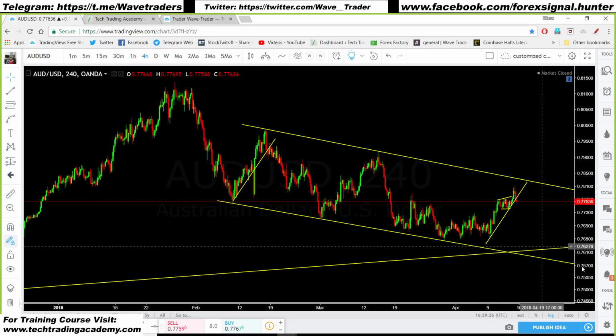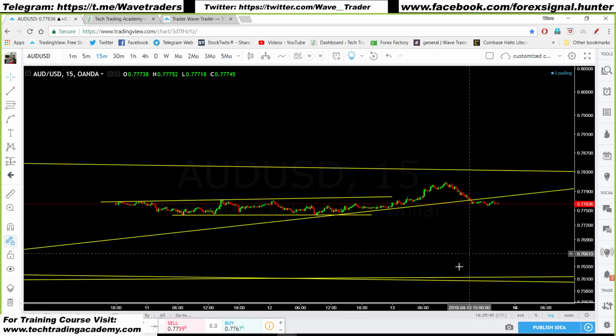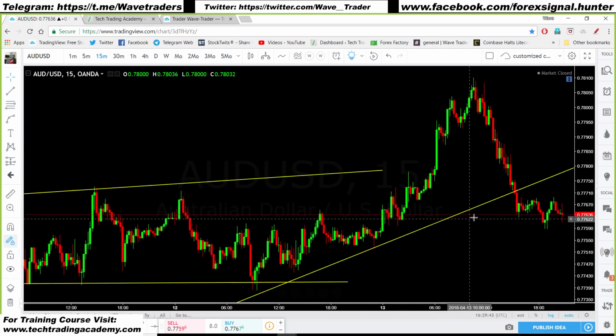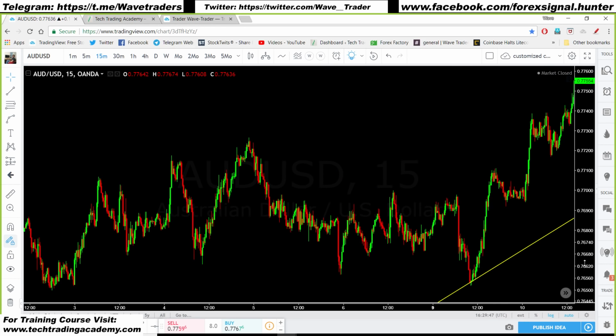So last week, what I was saying, let me talk about that. I said breakdown of this pattern, one more drop and then up. We haven't seen that one more drop. What we have seen is that price went down aggressively and then reversed. We have seen that flag breakdown.